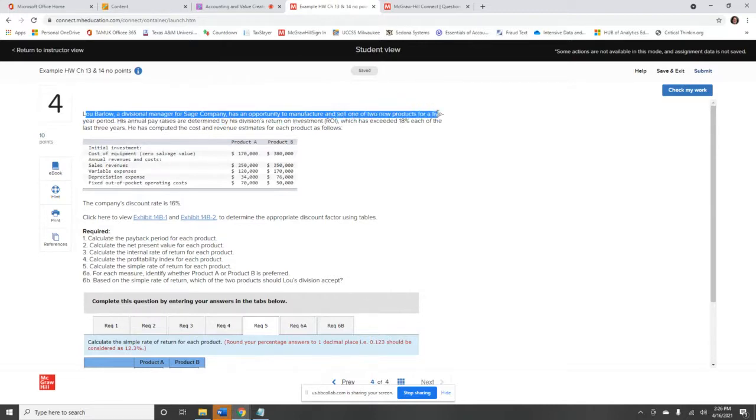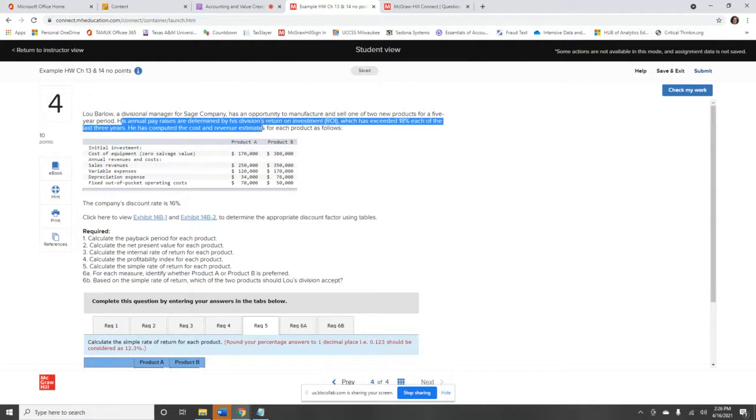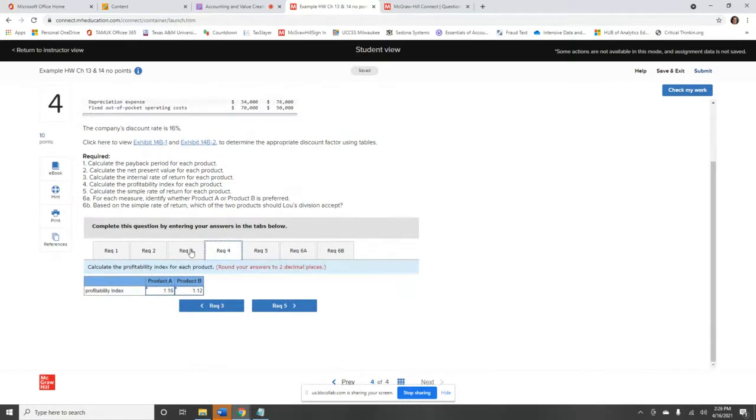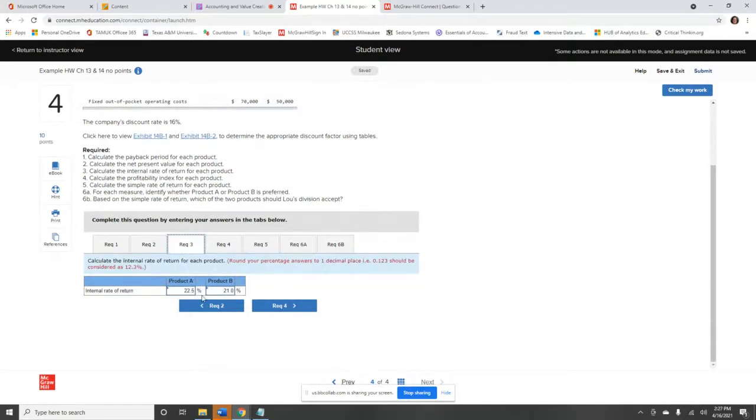He gets to manufacture and sell one of 2 new products. His annual pay raises are determined by the division's ROI, which has exceeded 18% for the last 3 years. So you see that? He's trying to get to 18%, which, if he's rated based on internal rate of return, I guess he would pick A.